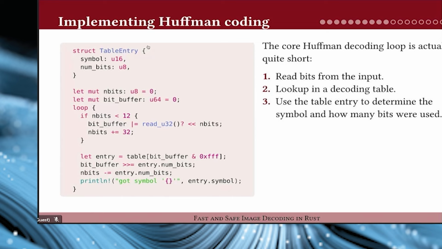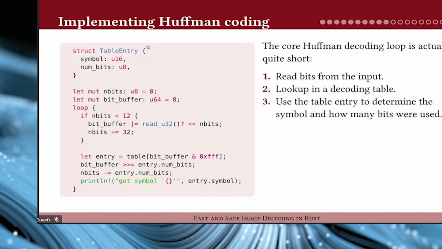Now, the tricky part I'm not showing on the slide is how do you build a table that will have the values we want. But once you have that table, the actual decoding process just requires you to look up with these 12 bits, and it tells you both what symbol you got and how many of the 12 bits you used. So you might not use all 12 if the symbol was short, or maybe you do use all 12.